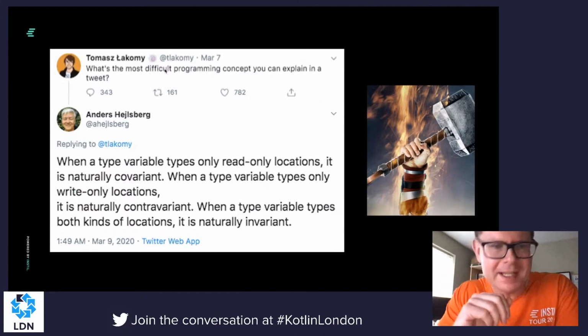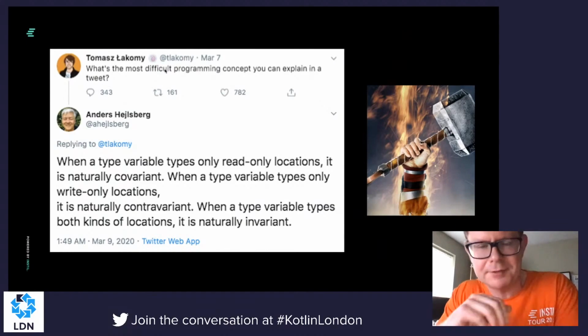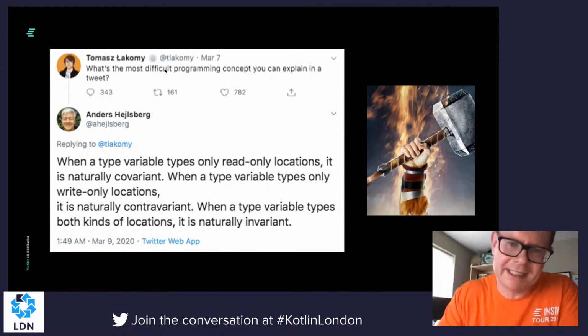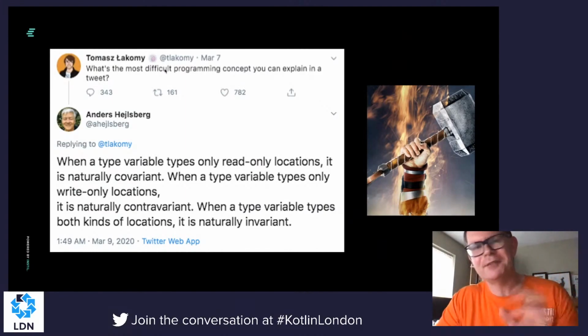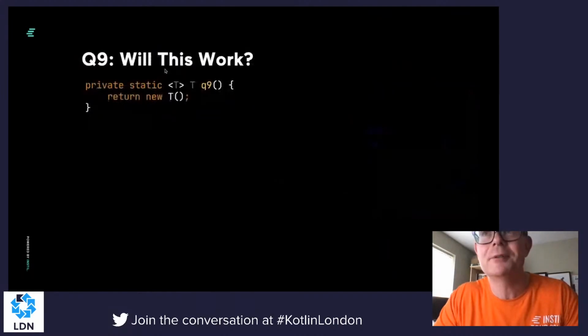So he says, okay, let's say you've got a type variable and it's typing something which is read-only. It's naturally covariant. You can get stuff out, okay? But when a type variable types something which is write-only, it's naturally contravariant. You can put stuff in, yeah? But then when it's both read and write, well, then it's naturally invariant. The type has to be exact. So that really summed it up nicely for me.